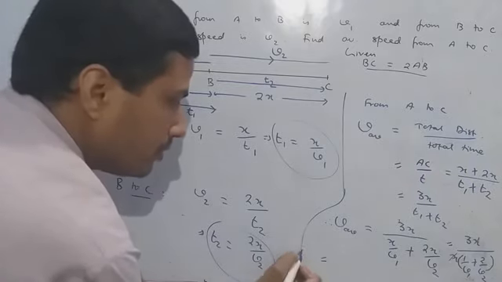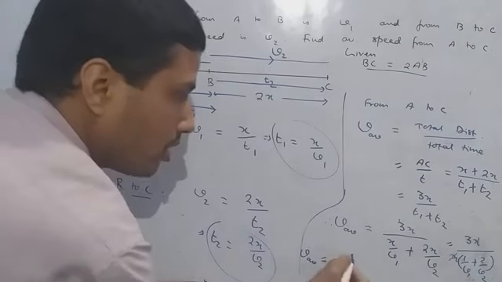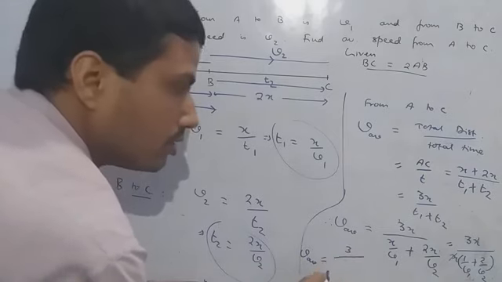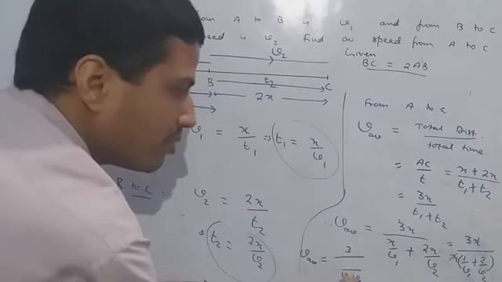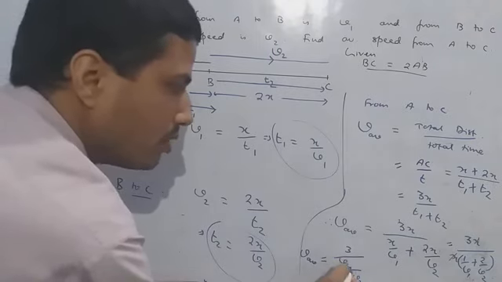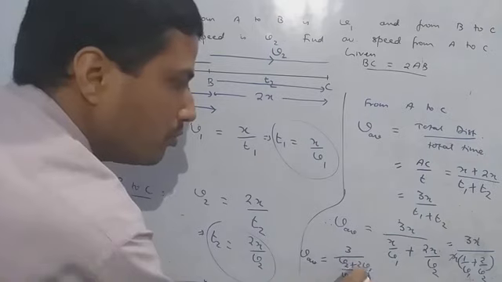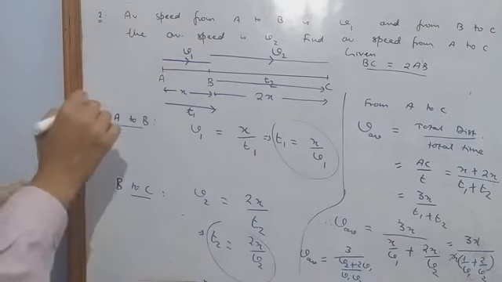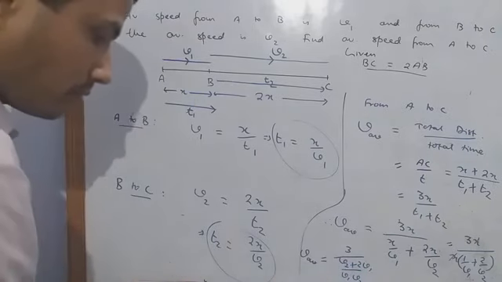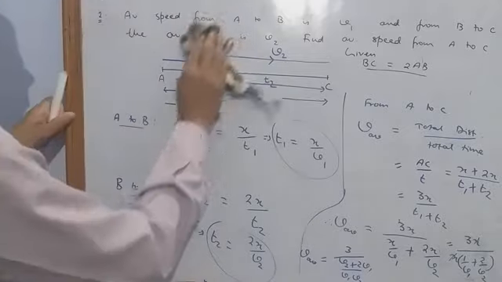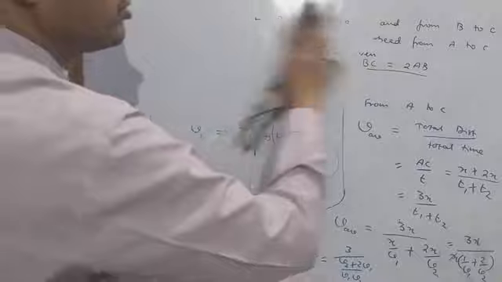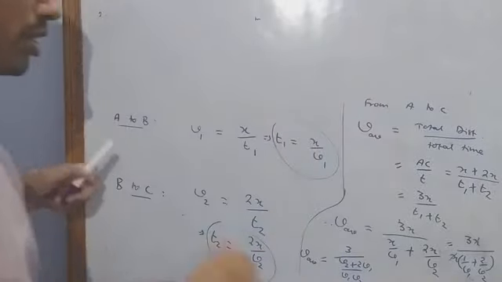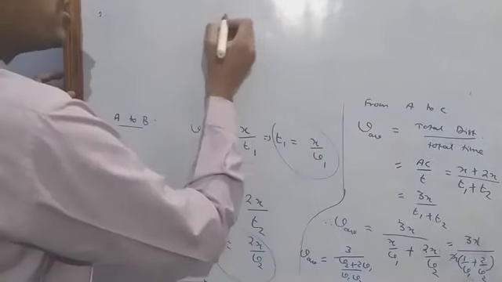Is equal to 3 upon 1 by V1 plus 2 by V2. We can take LCM V1 into V2, and this will become V2 plus 2 V1. And therefore, the average speed from here, you can write how much?